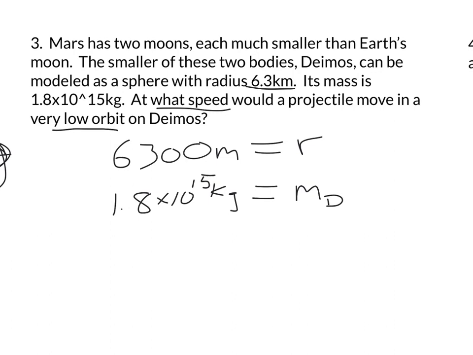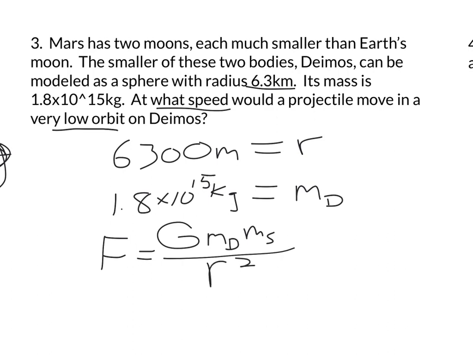Well, we know that the force of gravity between the satellite and the object is going to be G times the mass of Deimos times the mass of the satellite, divided by the orbital radius, which we're going to say is r squared.